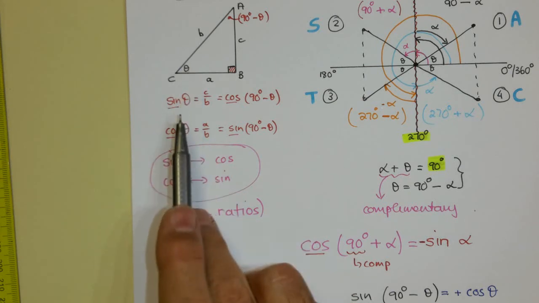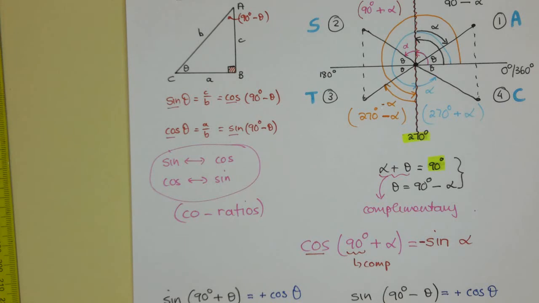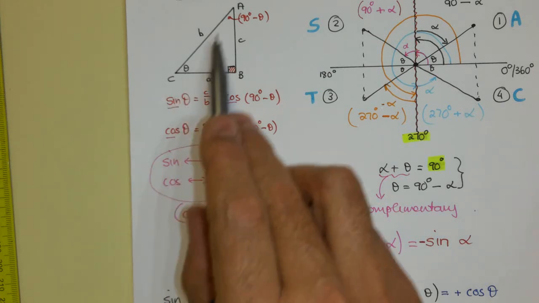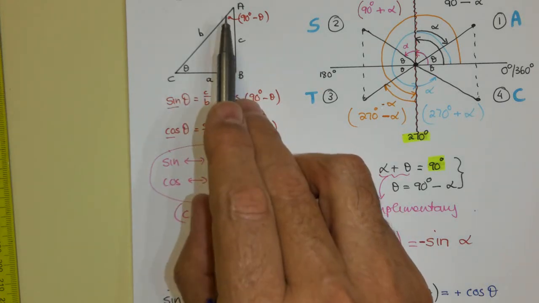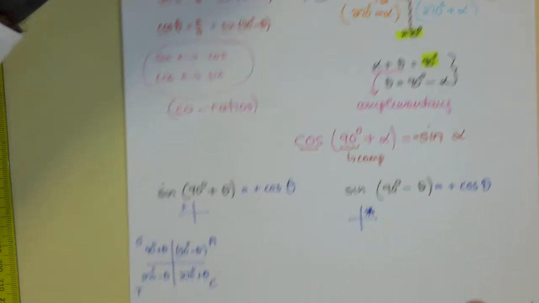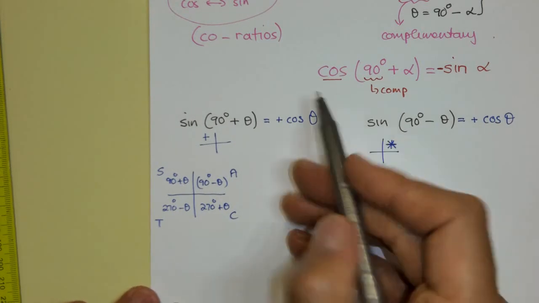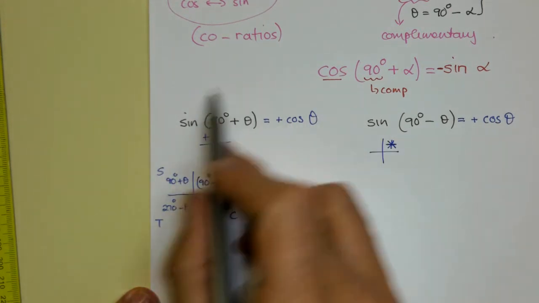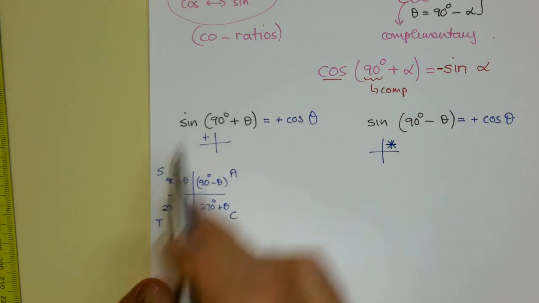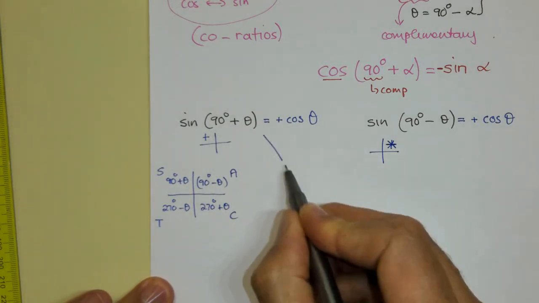Look at that. The sine of theta is the cosine of 90 minus theta. The sine of this angle is the cosine of that, or the sine of that angle will be the cosine of this angle. That's what we're working with when we work with 90 minus theta. This angle is not in the triangle, or it could be in an obtuse angled triangle, a triangle that looks like this.